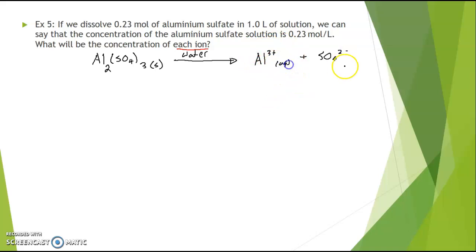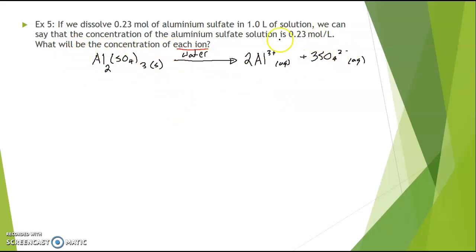We have aqueous because they're in solution. The last thing is to make sure this is balanced. On this side we have 2 aluminum and 3 sulfates, so we're going to have 2 aluminum ions and 3 sulfate ions, and over here there's just going to be 1.